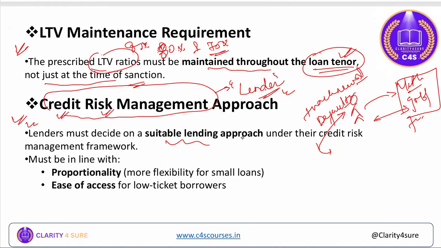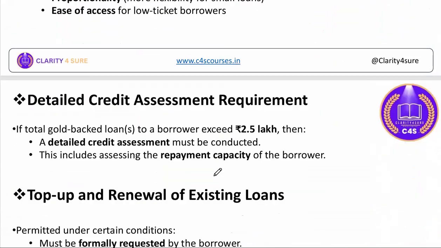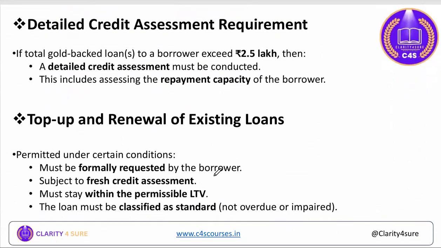Now the next point, detailed credit assessment requirement. Who is going to make the detailed credit assessment? The lender is going to make the detailed credit assessment of that particular credit. Detailed credit assessment must be conducted by the lender for borrowers whose amount is exceeding 2.5 lakhs.